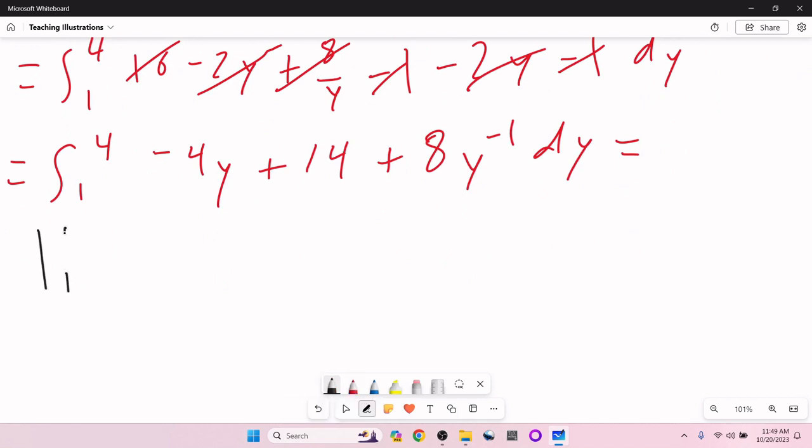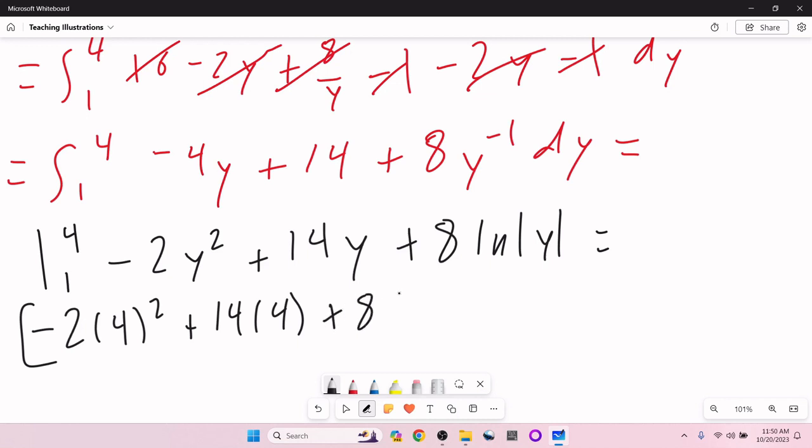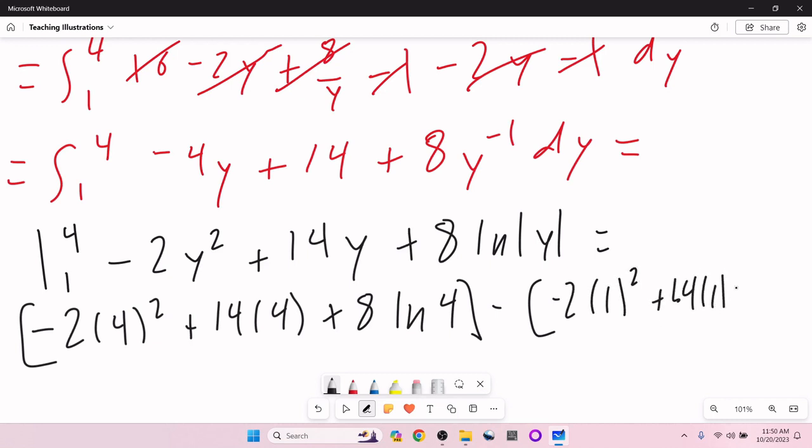We'll get 1 to 4 of negative 2y squared plus 14y plus 8 ln of absolute value y. So that becomes negative 2 times 4 squared plus 14 times 4 plus 8 log of 4 minus negative 2 times 1 squared plus 14 times 1 plus 8 ln of 1.